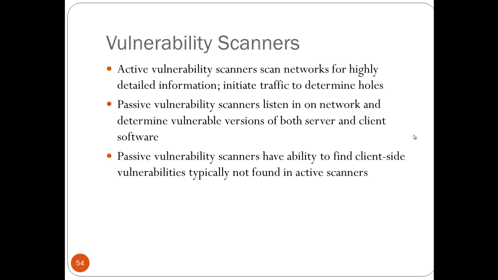A passive scanner is one that listens in on the network and determines vulnerable versions of both server and client software. These tools simply monitor the network connections to and from the server to gain a list of valuable operations or vulnerable applications. Further, passive vulnerability scanners have the ability to find client-side vulnerabilities typically not found by active scanners.